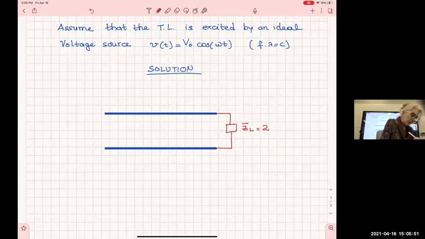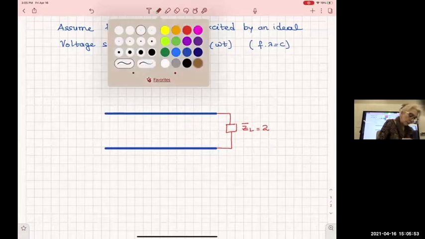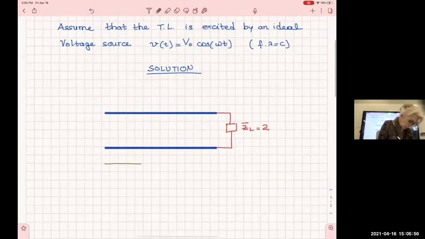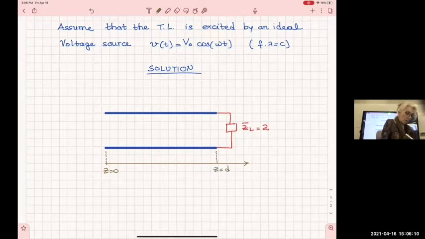So if I am to write a coordinate system z, then this is going to have z here equals 0 and z here equals d. And now I'm going to put the symbols in the input and output ports of the line. So the left side is the input port, the output side is the output port, the output end.